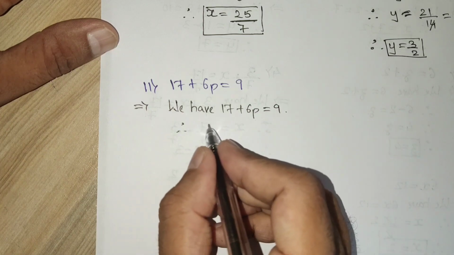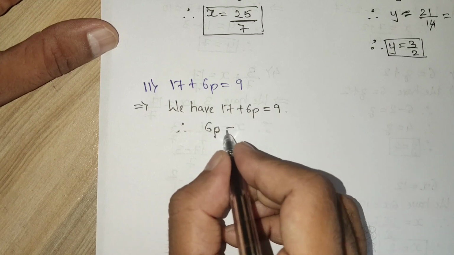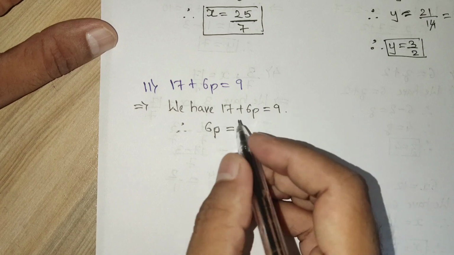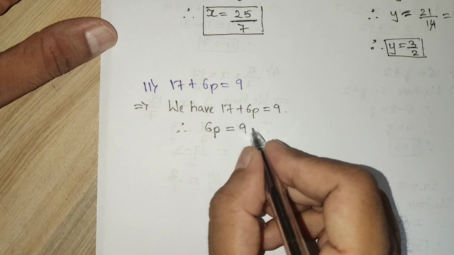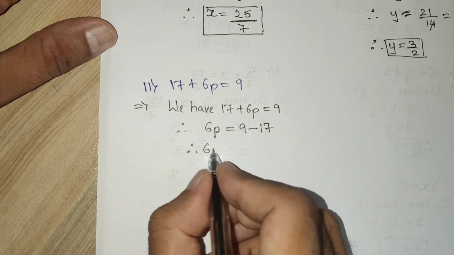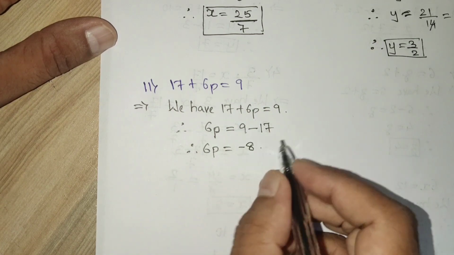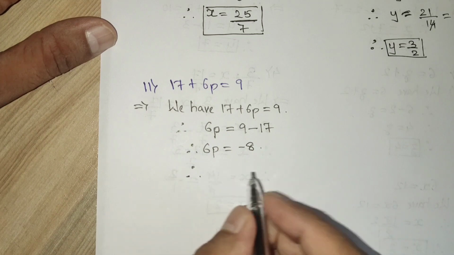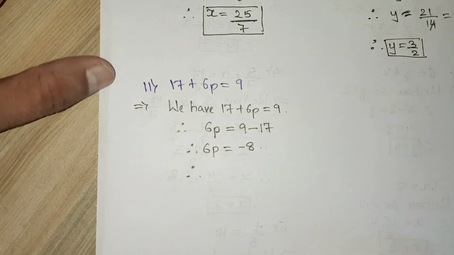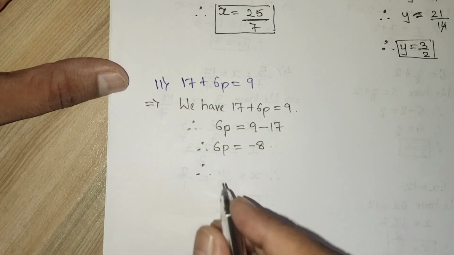Therefore 6p, because we want to find the value of p, will remain as it is over here. We will transpose 17, that is plus 17, to right hand side and it will become minus 17. Therefore 6p is equal to minus 8, because 17 minus 9 is 8, and we will give the larger sign, that is minus sign.